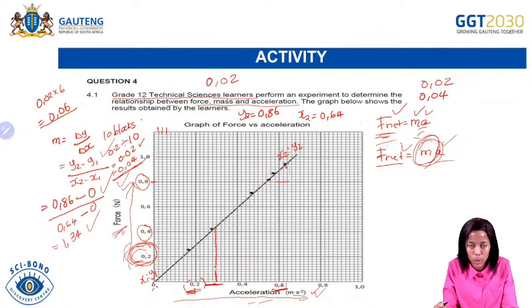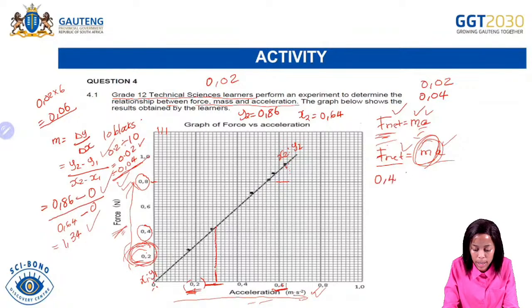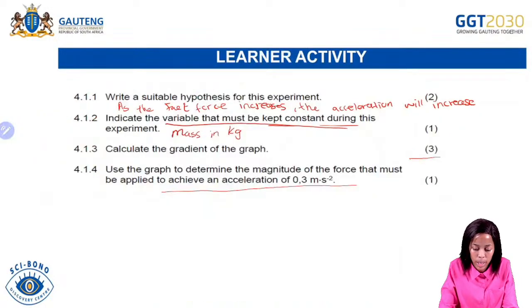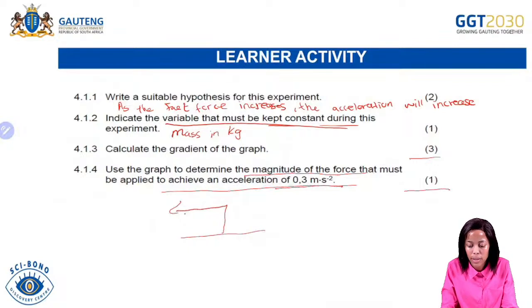So we said it's going to be 0.4 plus 0.04. Therefore, that will then give you your 0.44 Newton as your force. Okay, so this one was just 1 mark, so you just needed to find where your 0.3 was, and then use the graph to find the magnitude of whatever force that you are given.